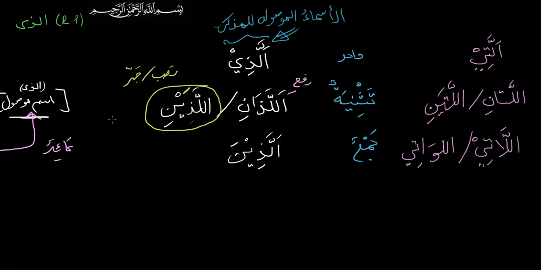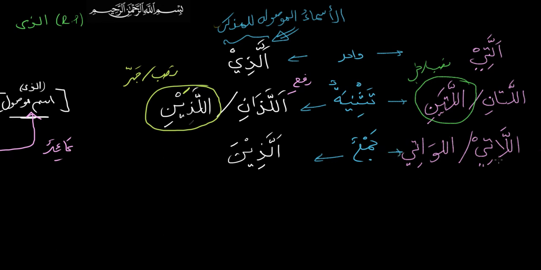So this here again is in a nasab or jar form, and this jama has three. Okay, so this is wahid for men and wahid for women, and tasniya for men, tasniya for women, and jama for men and jama for women.